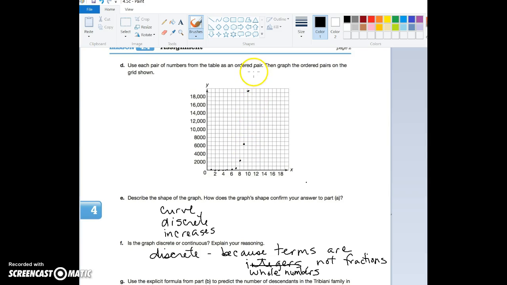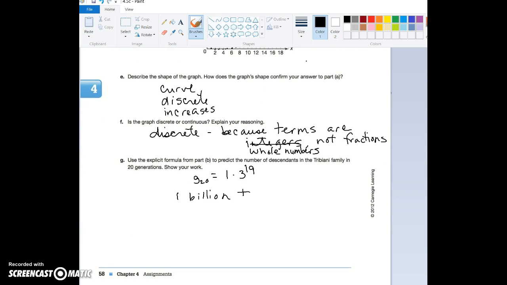It's going straight up. And what kind of graph, do you remember what kind of function that was? It wasn't linear, it was exponential. So that's the other thing that we want to recognize about geometric sequences, is that they are exponential graphs.